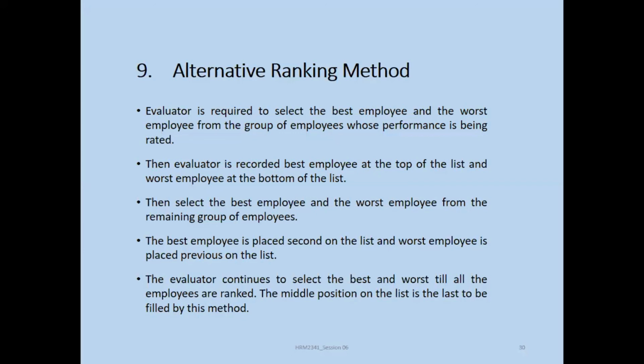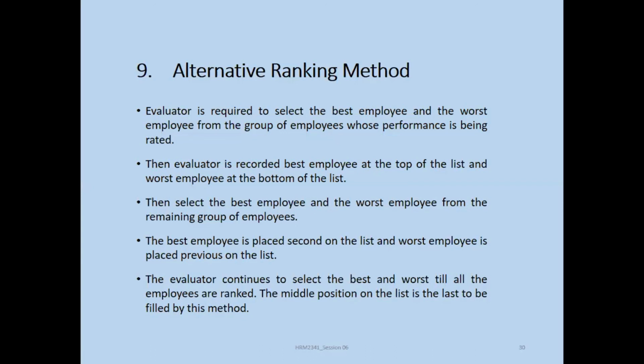There are 8 employees remaining. After the first step, at the second level, the evaluator should select the best employee and the worst employee out of the remaining 8 employees.